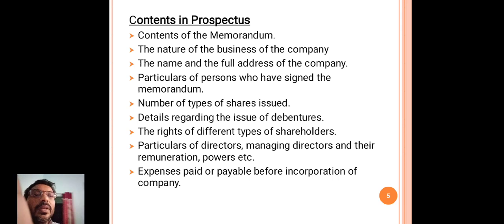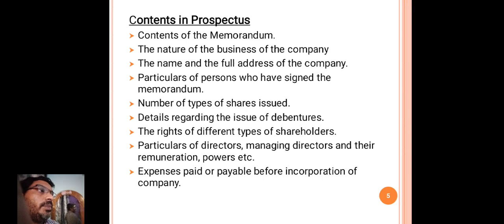Here the particulars of directors, that is names of the directors, qualifications of the directors, and if there is any share capital, that is also mentioned. And among the directors, some of them are elected as managing directors.